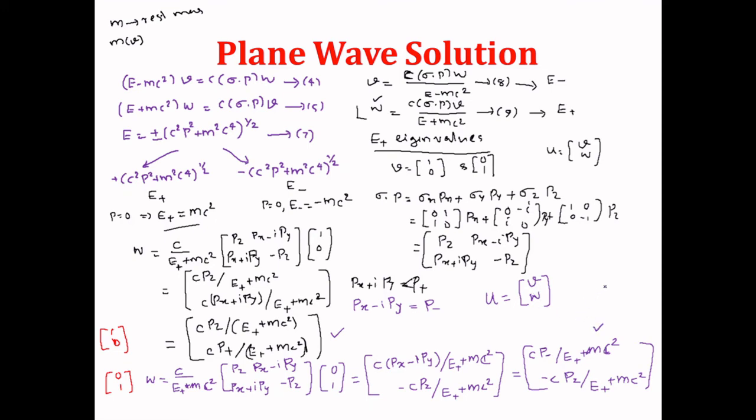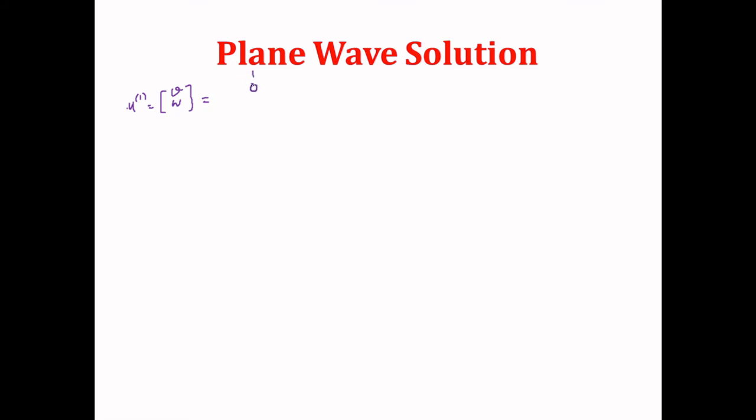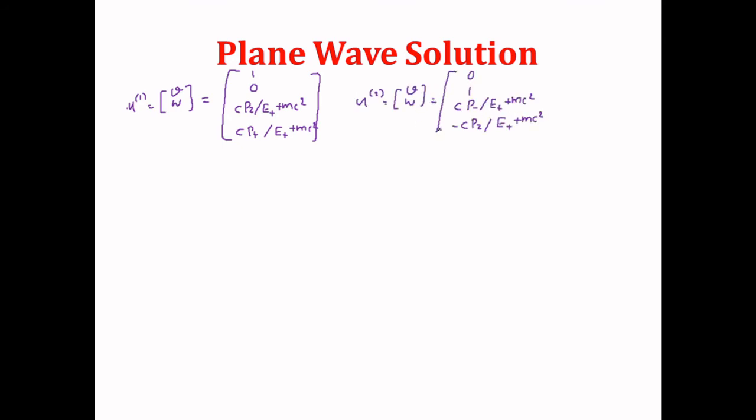So we can write U1 as (1, 0, C Pz by (E plus plus mc²), C P plus by (E plus plus mc²)), and U2 as (0, 1, C P minus by (E plus plus mc²), minus C Pz by (E plus plus mc²)). Here we have taken V as (1, 0) and (0, 1), and we have calculated the eigenvectors for E plus.